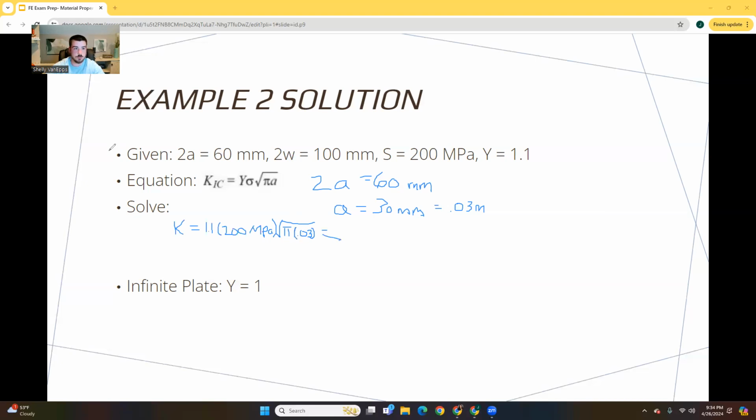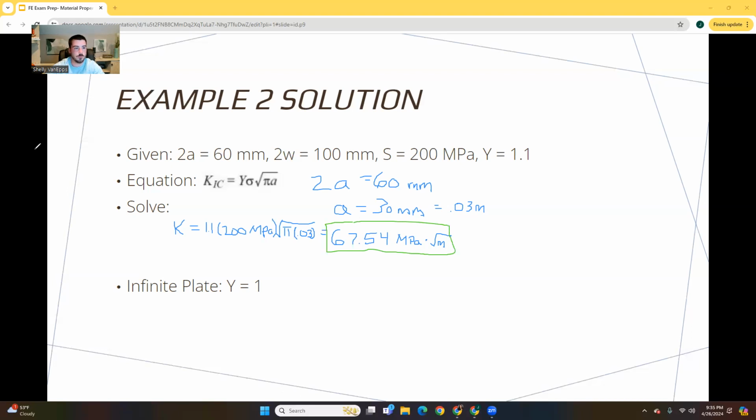So this ends up being 67.54 megapascal root meters, which would be the answer to the first question.